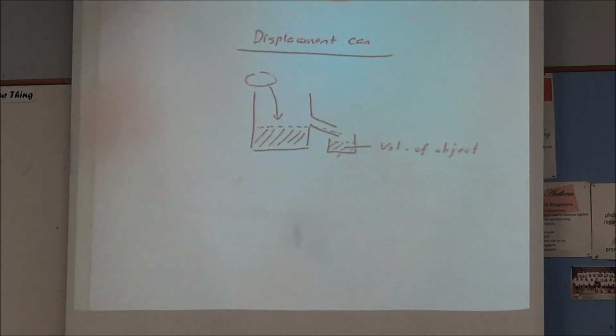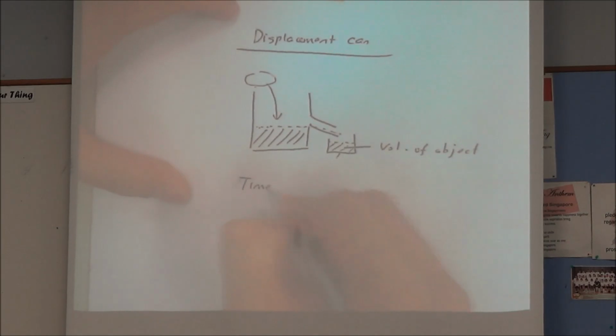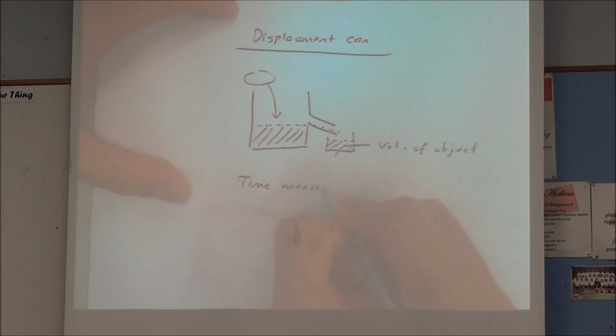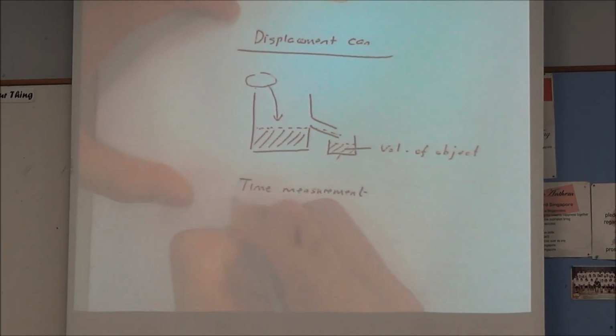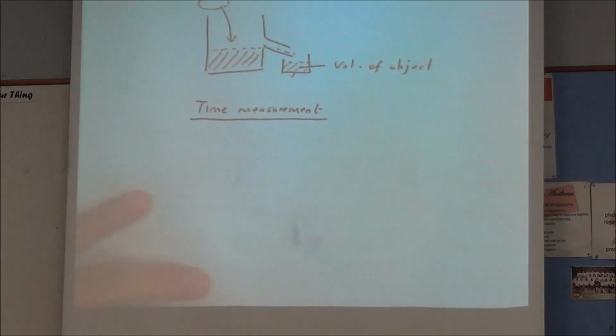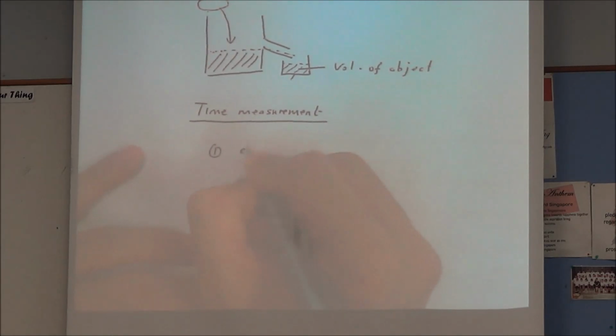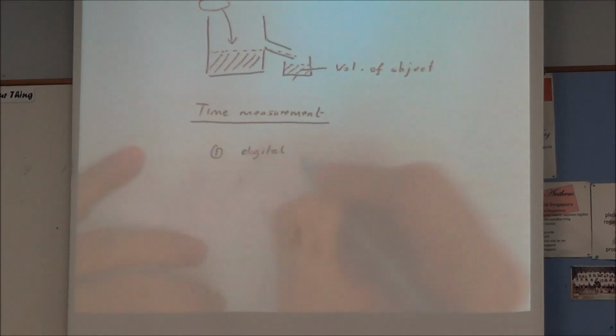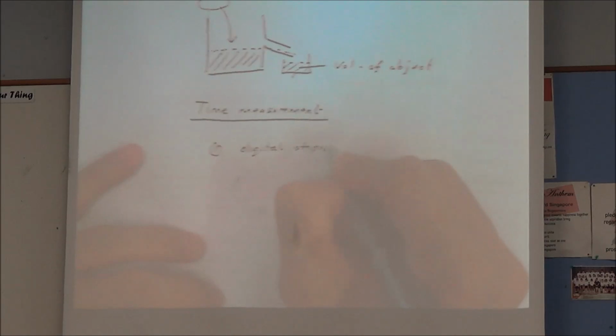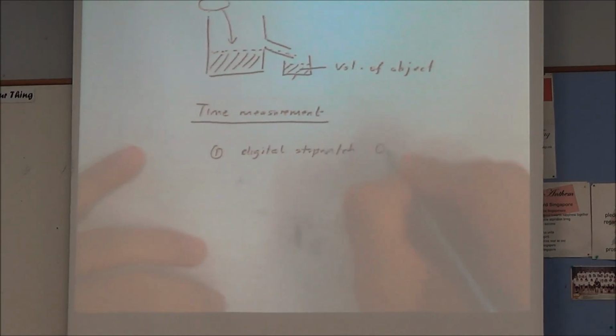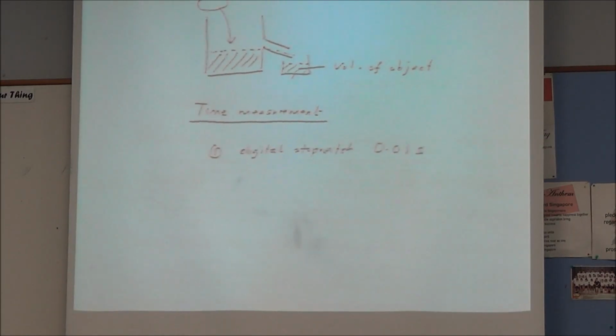Okay, for time measurement, you use a stopwatch. Most of the time you use a digital one. We have used this in the lab. It measures up to 0.01 per second.